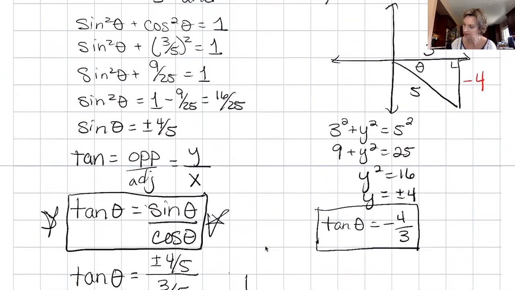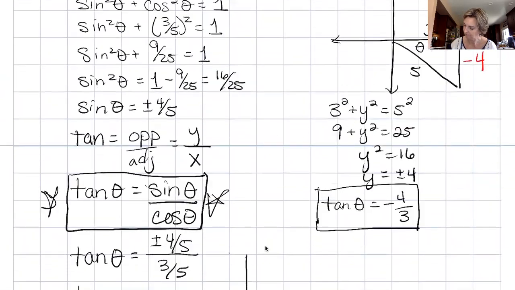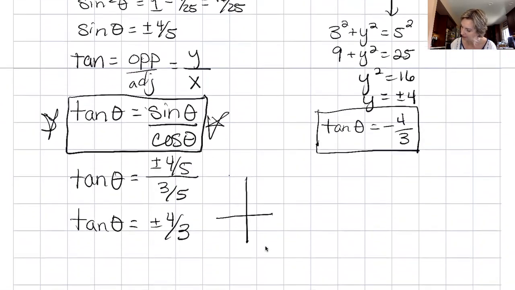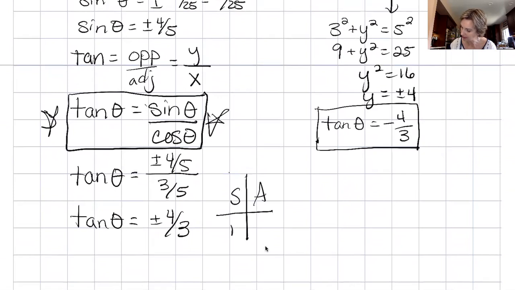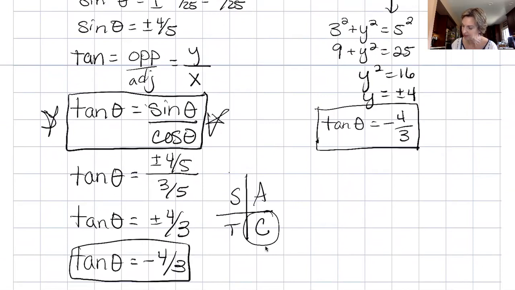We're in quadrant 4. All students take calculus. Tangent is not positive in quadrant 4, it's negative. So our final answer is negative 4/3, which is the same answer we got from the other method.